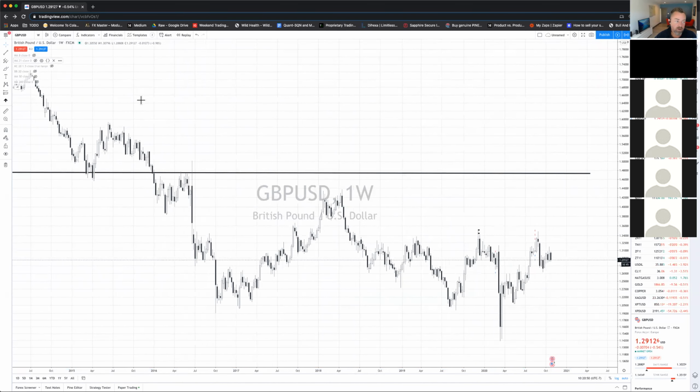Democratic victory, a blue wave. For the UK, that is not as bullish on a Brexit situation as it would be with Trump staying in office.